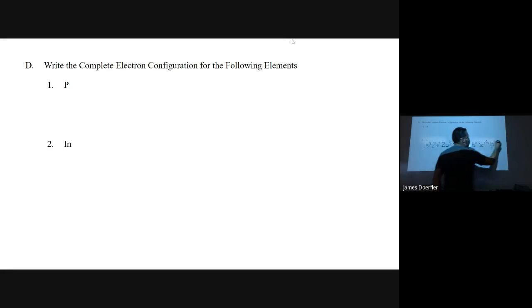I now am in the 5th row. 5S2 gets me out of the S block and back into the D block, which is going to have a principal quantum number of 4. And I heard someone say 10.